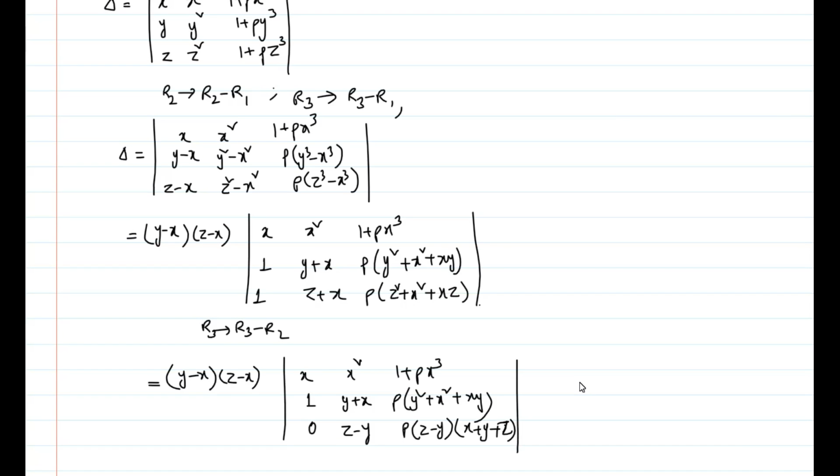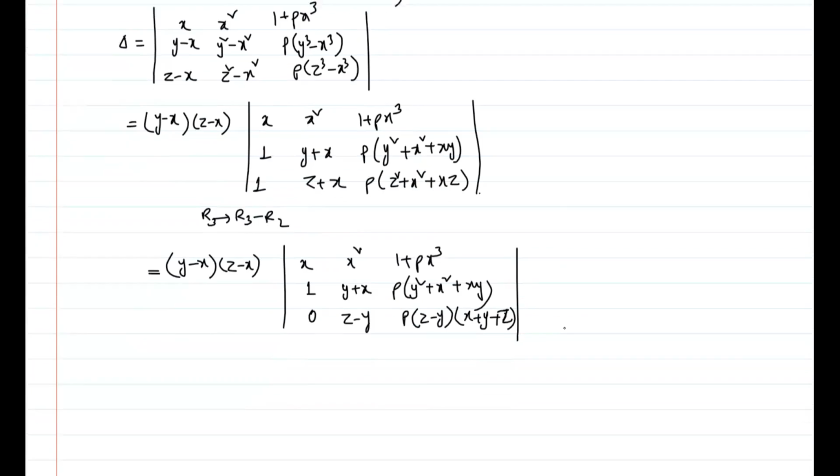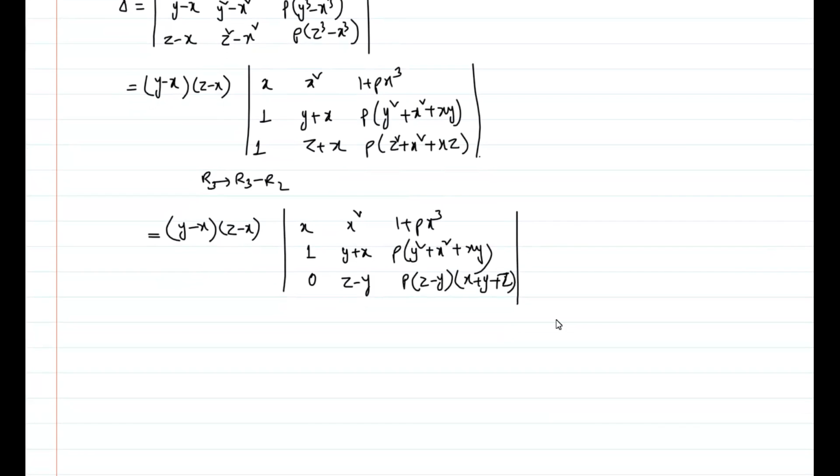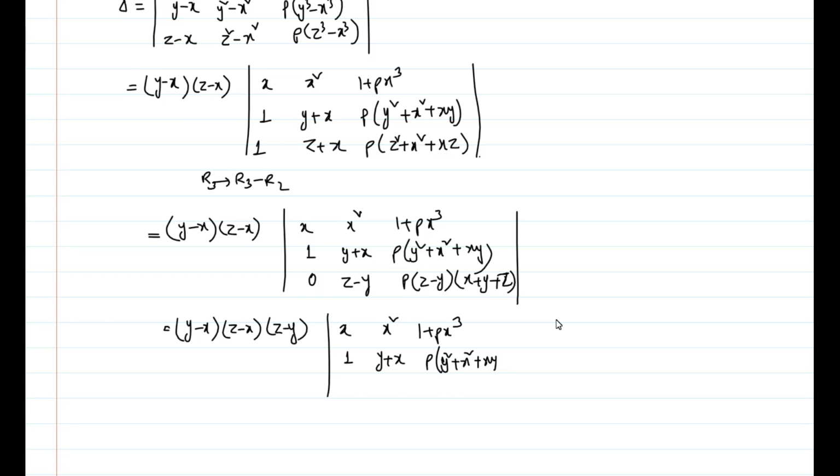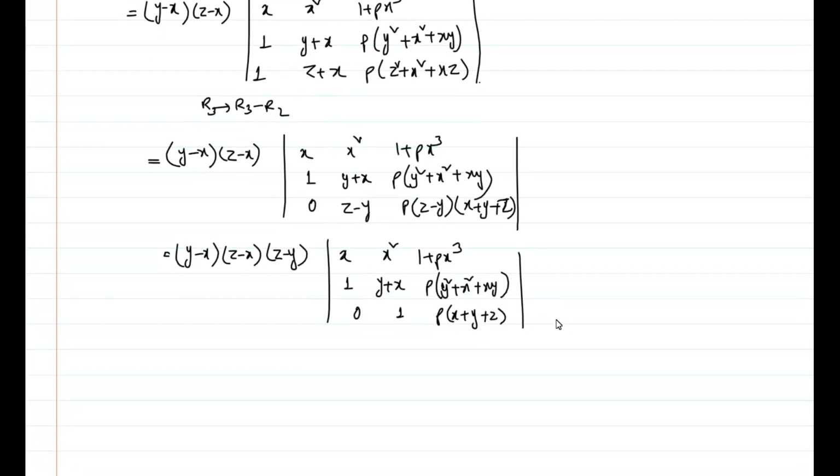Now you can see why I did this very operation: it brings z minus y out from row 3, as it is a common element throughout row 3. So finally we are left with this determinant. There is no relevance to simplifying it once again, as it is the most simplified form.